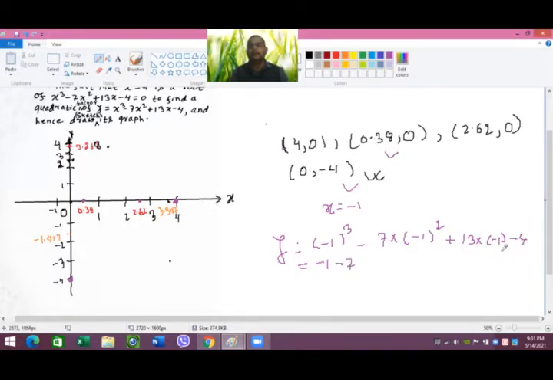And then you can see that it is 13 times -1, which is -13, and then this is going to be -4. And lastly, -1 plus 7 is 6, then minus 4 is minus 12... minus 13, and it is minus 25.